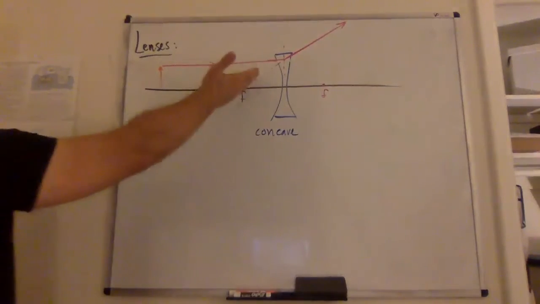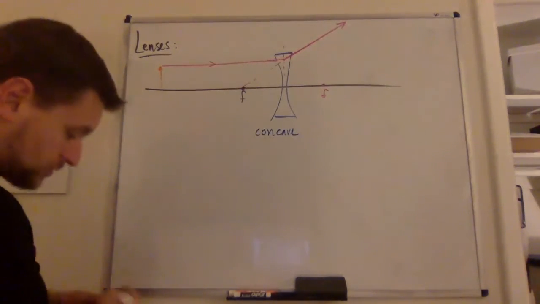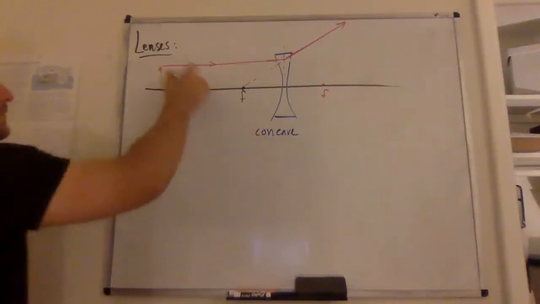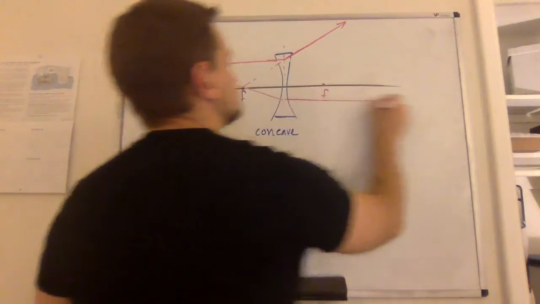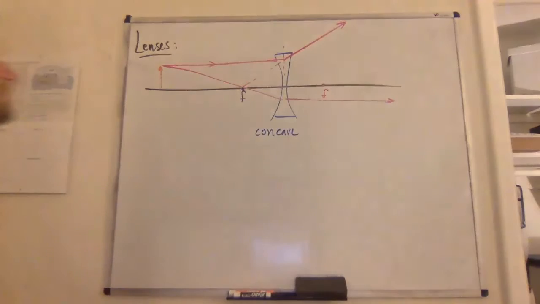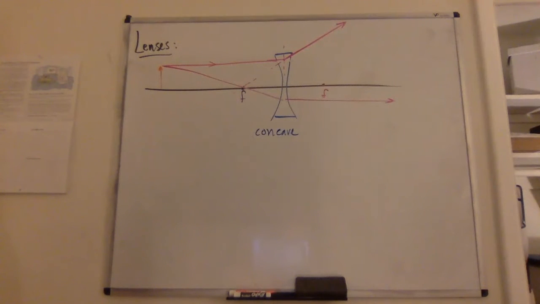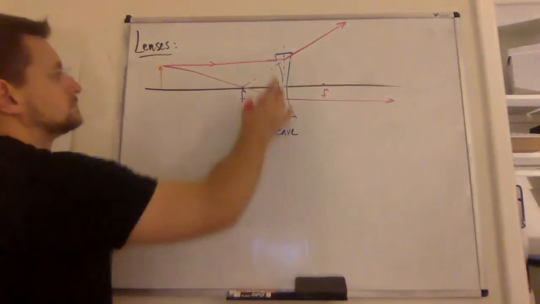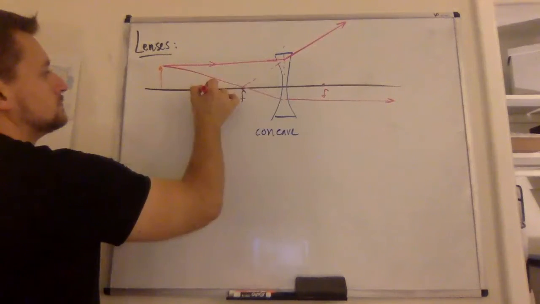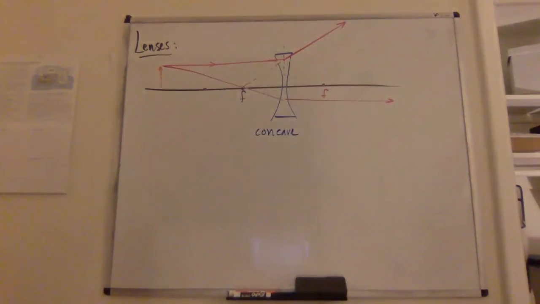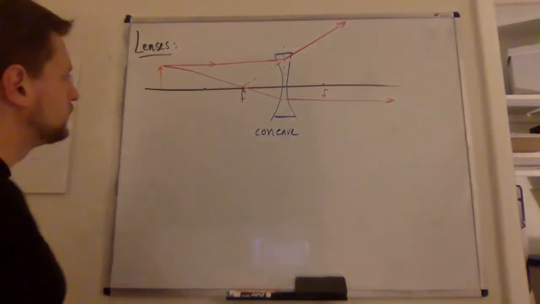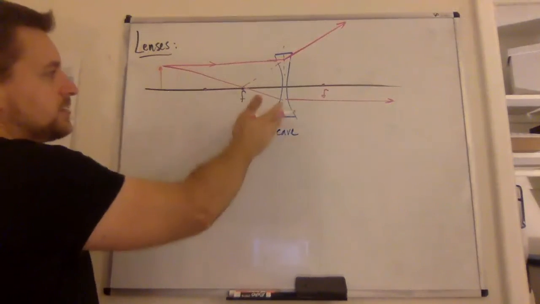So we draw through this focal point. Same story, otherwise: a ray through the focal point leaves parallel. We can't draw the ray through the radius of curvature because it's not going to bounce back.